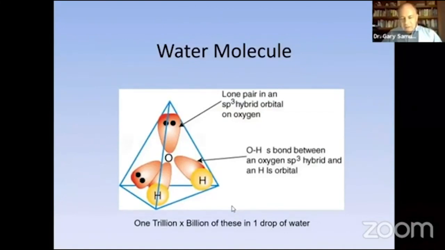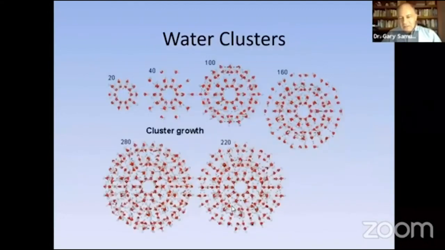And the bonds that exist there are important. There's 1 trillion billion of these molecules in just one drop of water. So there's a lot of oxygen, and the water also forms clusters, and the clusters also have biological impact inside the cells.